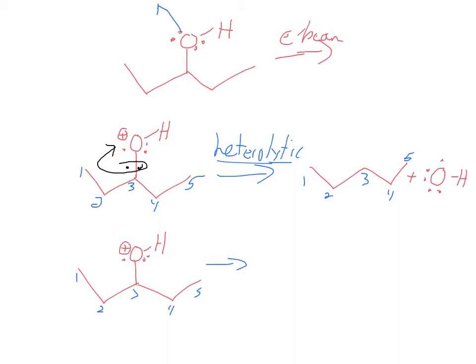It does. It doesn't have a full octet, but it does have all its valence electrons. So what else do I need to do? What did I forget? Got to balance my charge. Plus charge on where? And which piece do you actually see in the mass spec? Only the positive charge piece. That's the only part you see in the mass spec. Good.